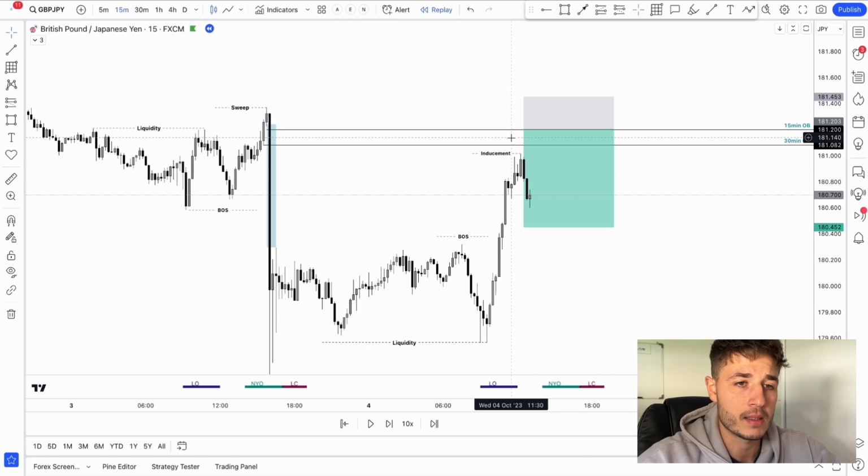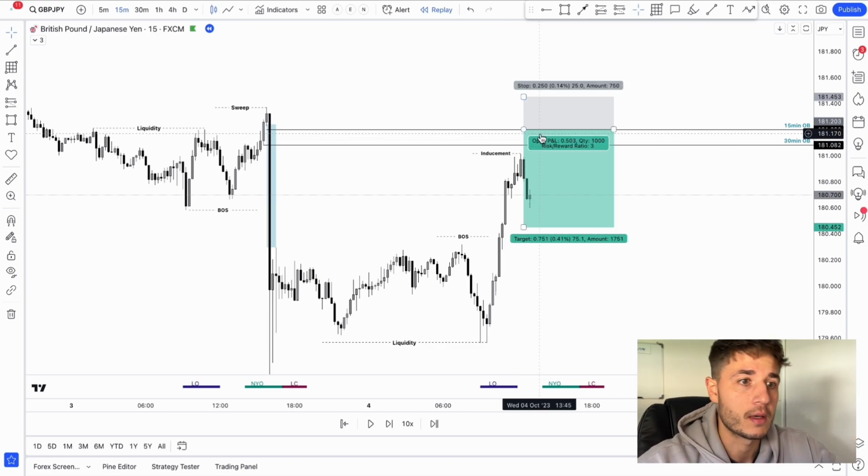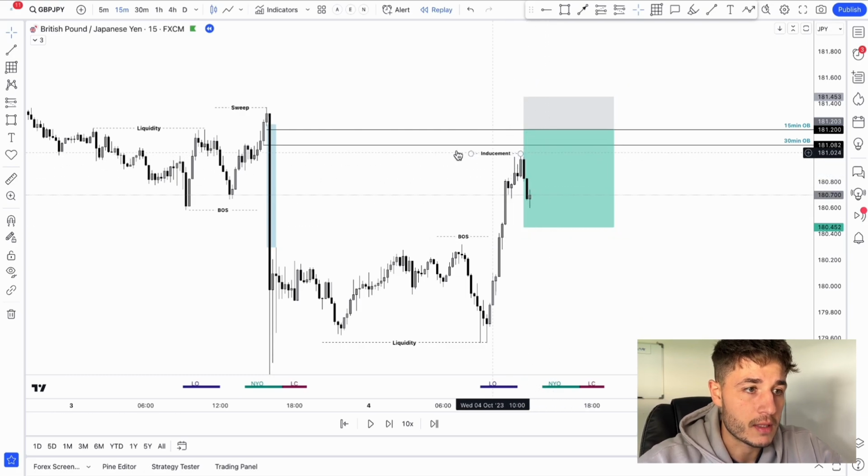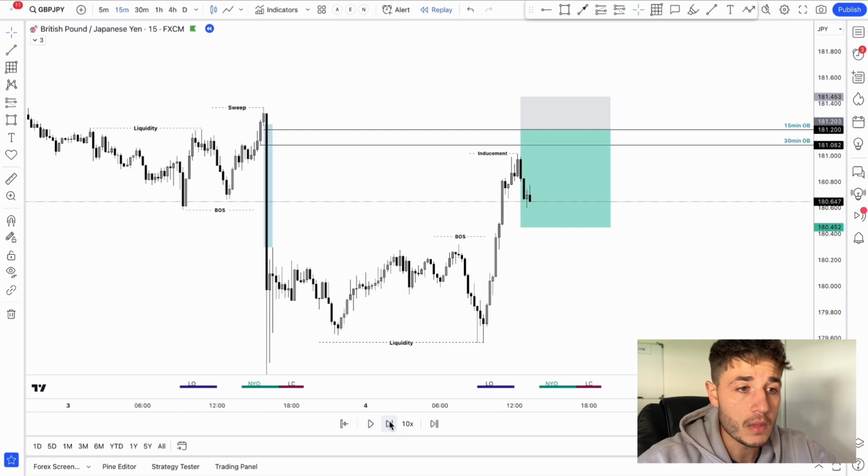Usually the stop loss of the people that don't know what inducement is, or are getting trapped by smart money concepts, is basically my entry. So we're going to have this as inducement, which is perfect, a jackpot setup.